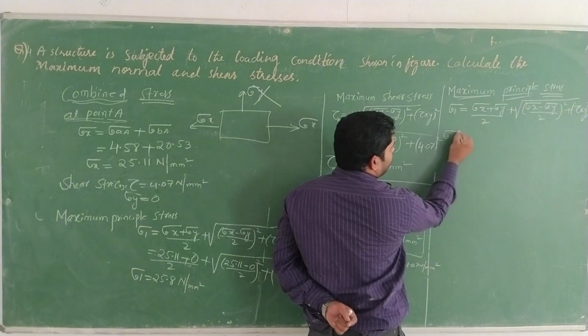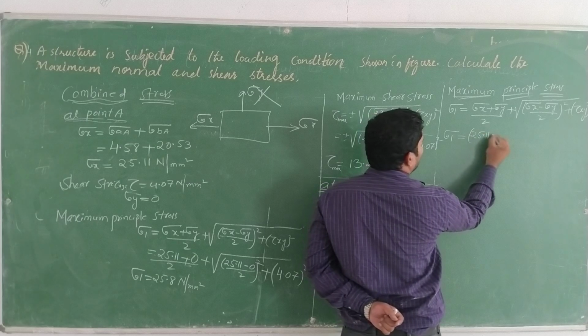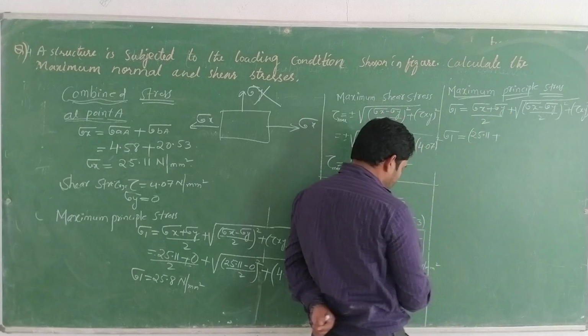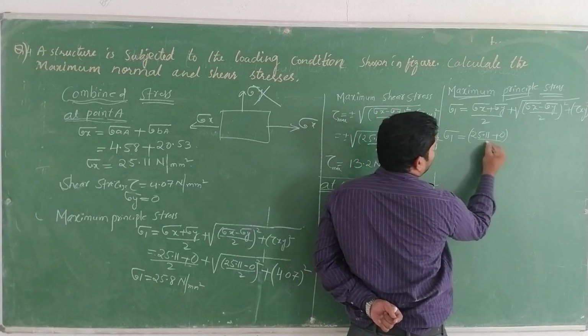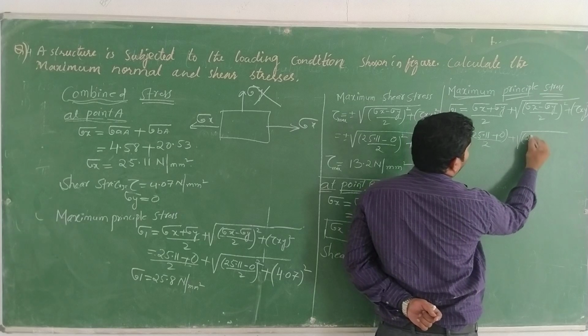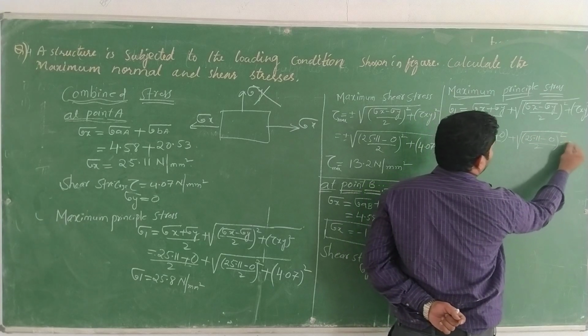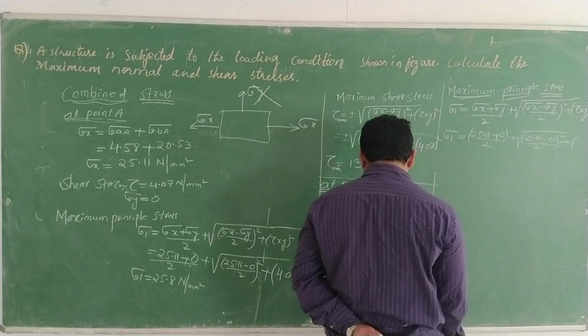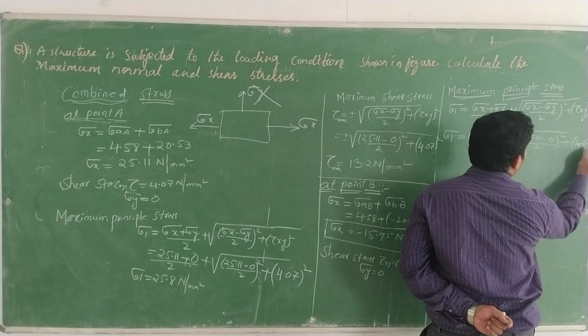Substitute the values: sigma x is 25.11, sigma y is 0. So 0 by 2 plus under root of ((25.11 minus 0) by 2) whole square plus 4.07 whole square.